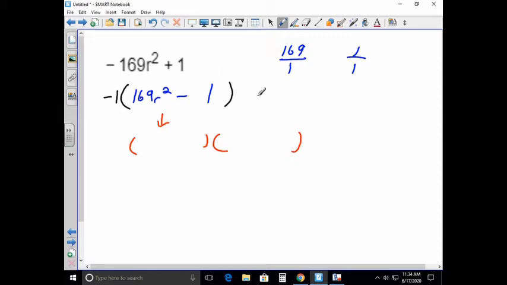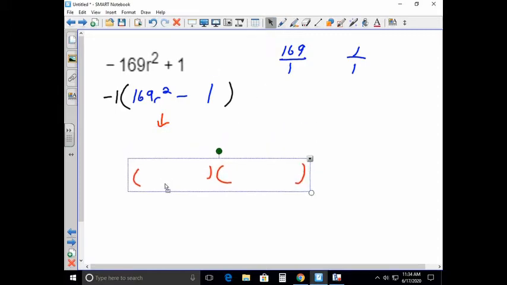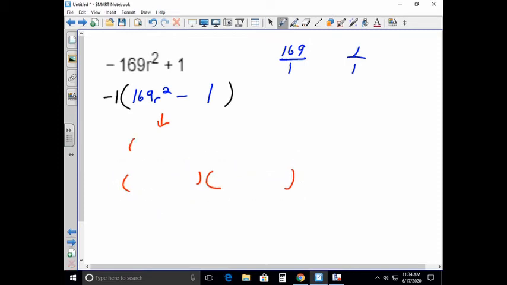169, make room to write this. 169 is a perfect square. It's 13 squared, and then we have r squared. And then 1 is also a perfect square. 1 is 1 times itself.